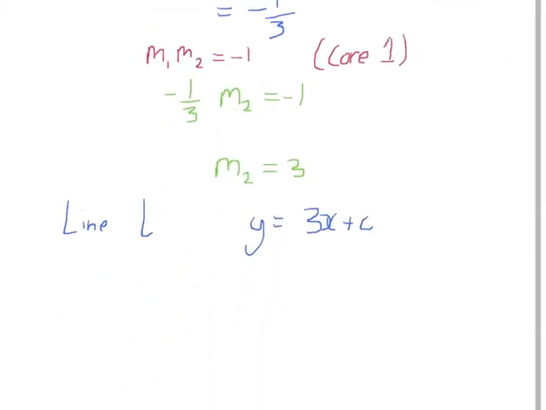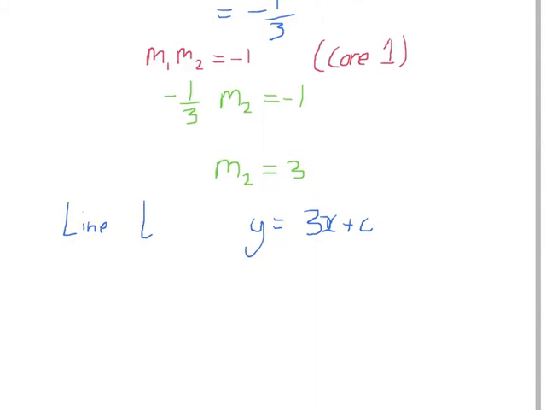So if we substitute our centre, (2, 3), into this new equation, with a bit of luck we should find our plus c value to enable us to find the complete equation for our line L.